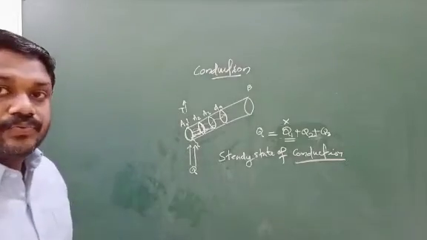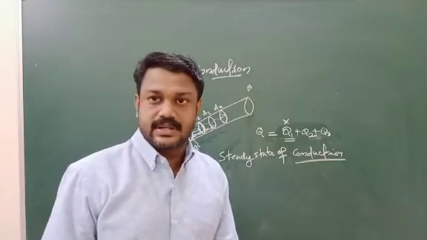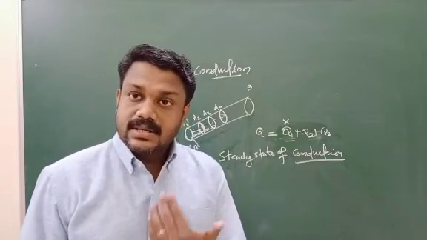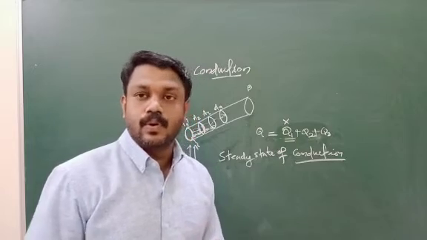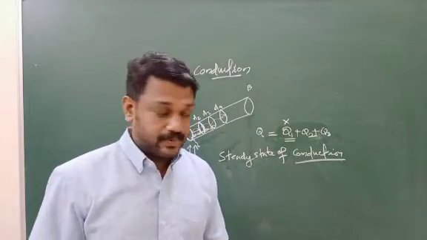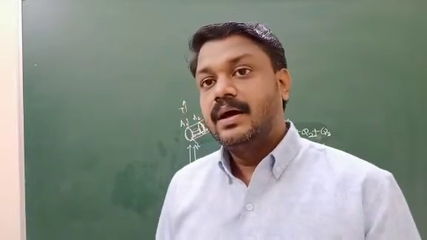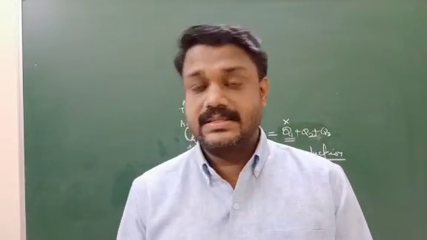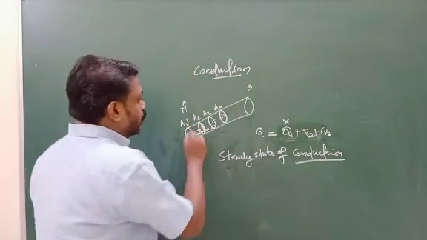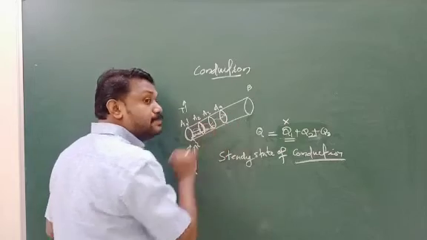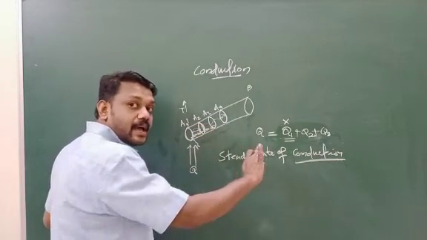At the steady state of conduction, no heat energy is absorbed by the cross-sections. Heat energy given to a particular cross-sectional area is either radiated out or transferred to the next, but none is absorbed. We can't say that all the cross-sections are at the same temperature, because if they were, no conduction would happen.